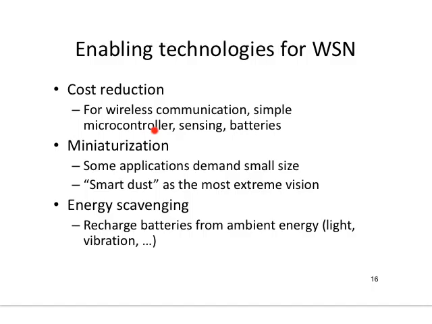Microcontrollers are essentially a small computer with limited hardware capabilities in terms of processing, in terms of memory, and so on. Right? So it's a scaled down computer. And these can be very, very cheap. And that allows us to design an integrated sensor platform that senses, processes, and communicates.